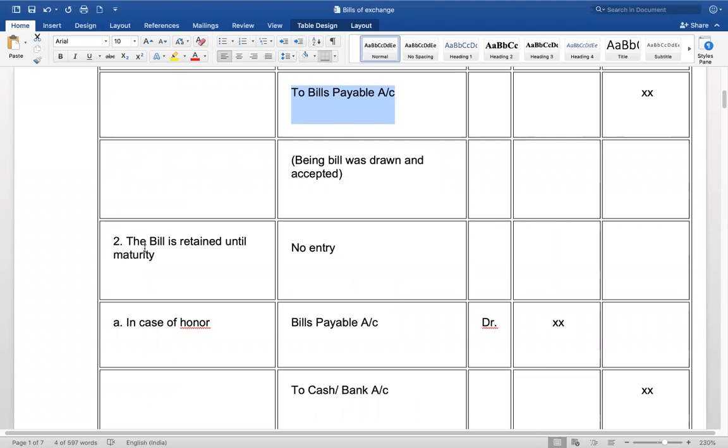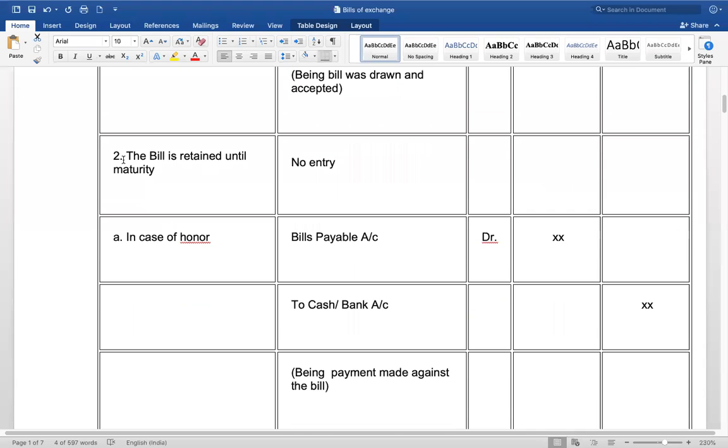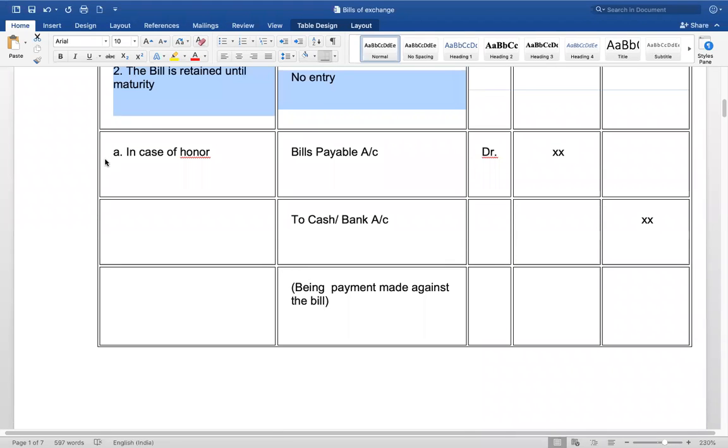When the bill is retained until maturity, the drawer only retains the bill till its maturity and is not giving it to a third party, then you don't need to pass any entry. Right?